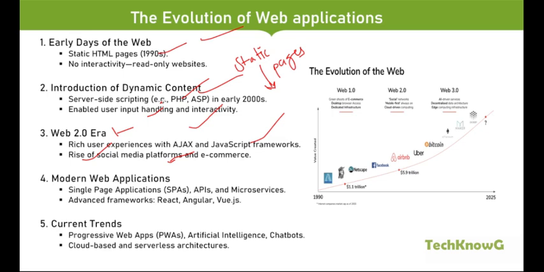Due to this, the hacker also interacts with the same application. He can find multiple ways to enter the application and steal data from it. So in the 2.0 era, web application security matters.